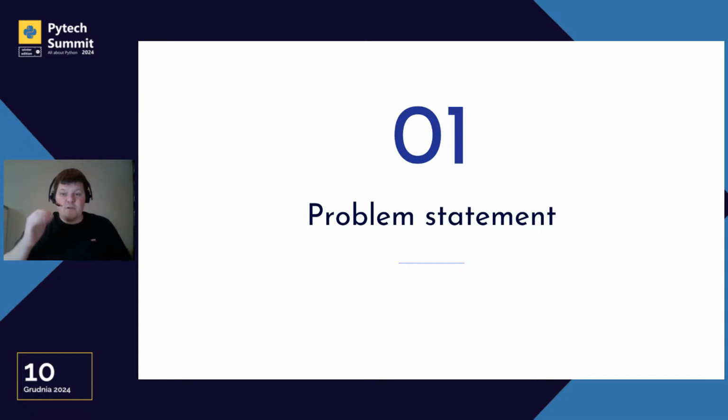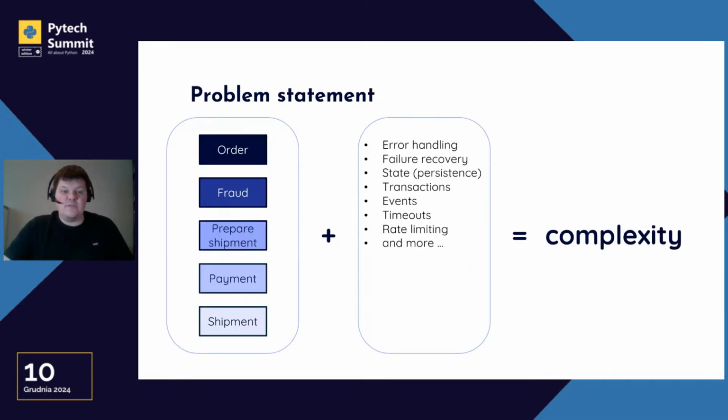Let's start with the problem statement. Why do we need this type of solution? As software engineers, we usually deal with business requirements, and sometimes we need to code a business process. For example, in this case, we have an order. We want to execute a fraud check.